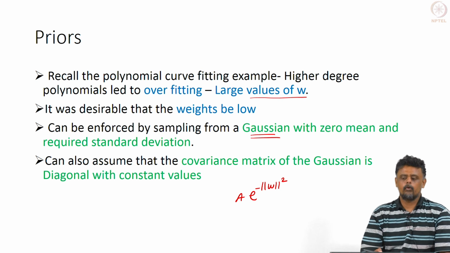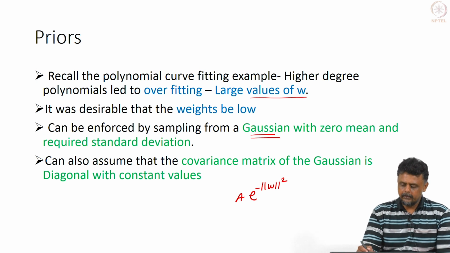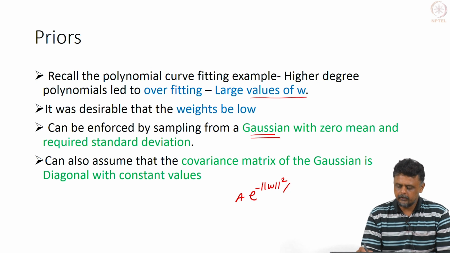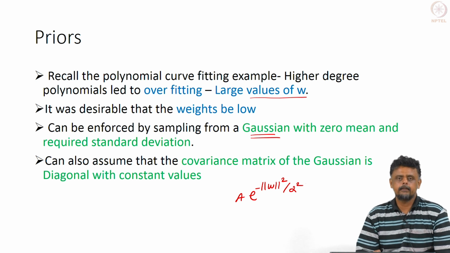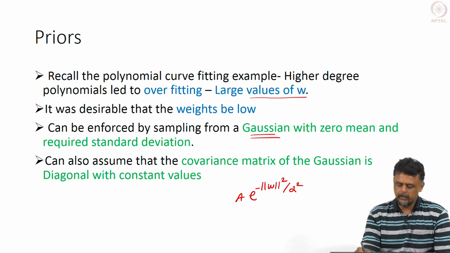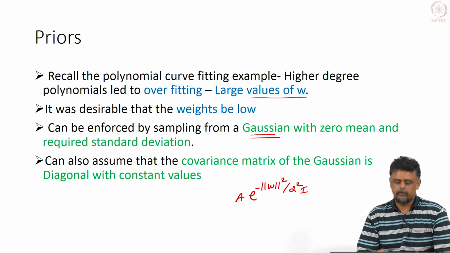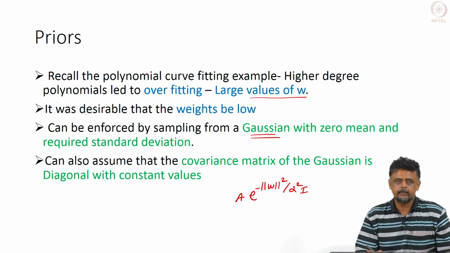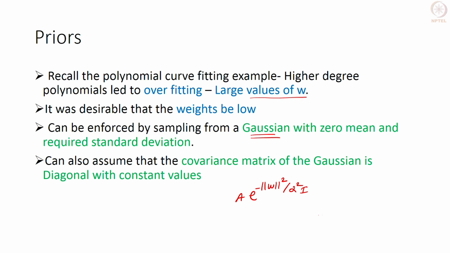I am not writing out the variance parameter alpha squared here. If you plot the PDF for W on this axis, where W can be positive and negative, you will see that it looks something like this. This is what you have seen.